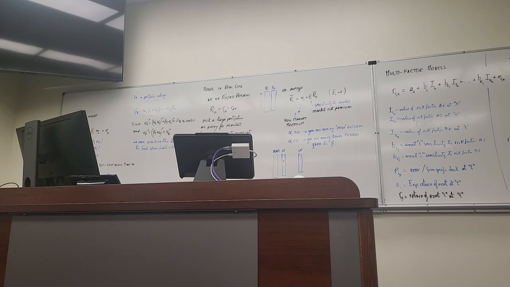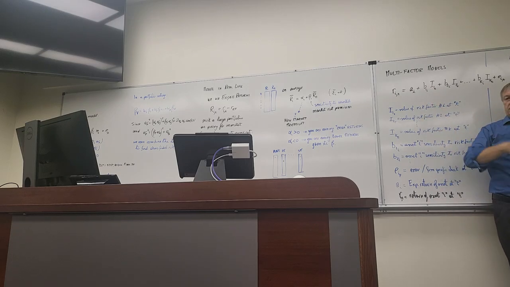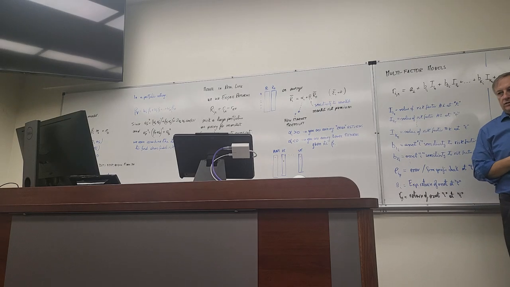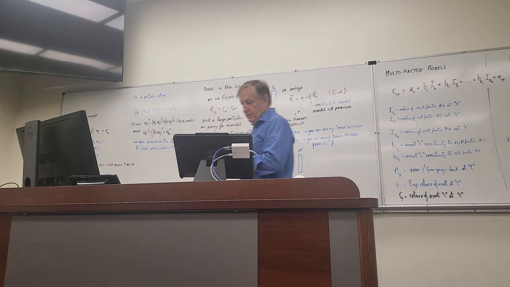If you're dealing with a portfolio, then all you need to do to find the set of betas for the portfolio, each beta would just be the weighted average of the betas of the assets you're mixing in it. So let's see if we can make sense of this thing. Let's do an application.